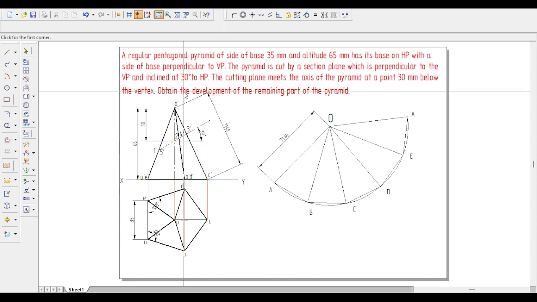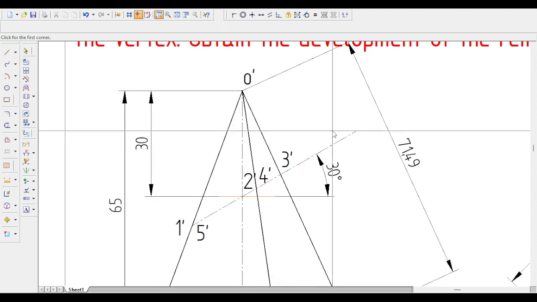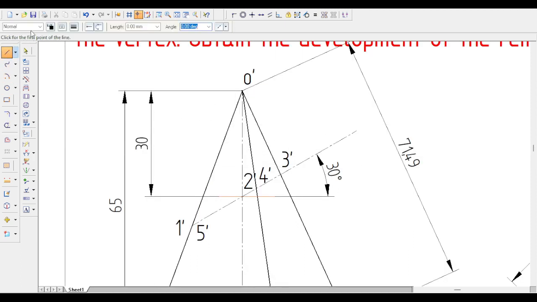The remaining points we need to transfer over this true length. For that, we need to draw parallel lines here. Point 3 is already there. This 2 and 4 I am transferring here, then 1 and 5 I am transferring here. These distances I will measure and keep here, so that I can utilize them while producing these points over the development.